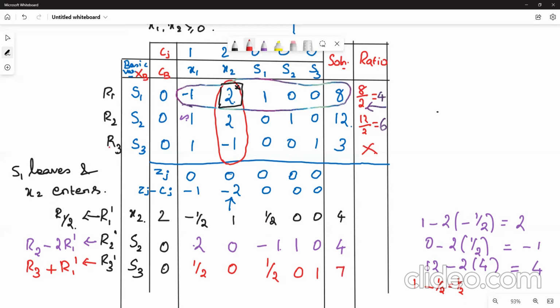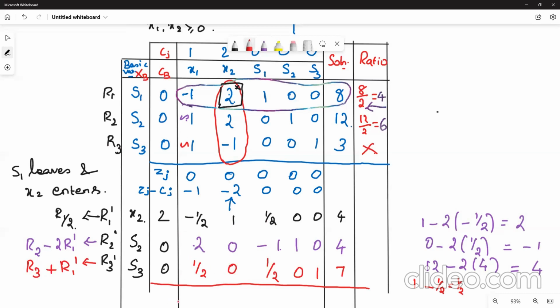Simply adding these row 3 entries with this row 1 dash entries. So I have got all these newly formed rows, making the pivotal entry 1 and the remaining entries 0. So my task of phase 2 is done.